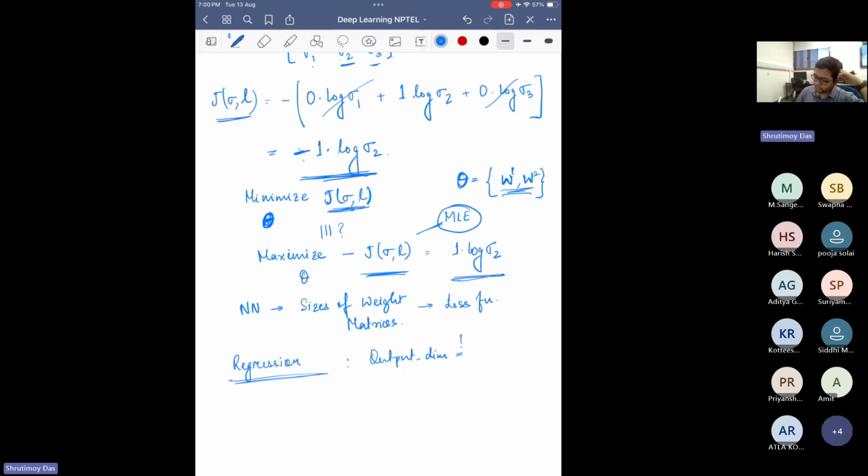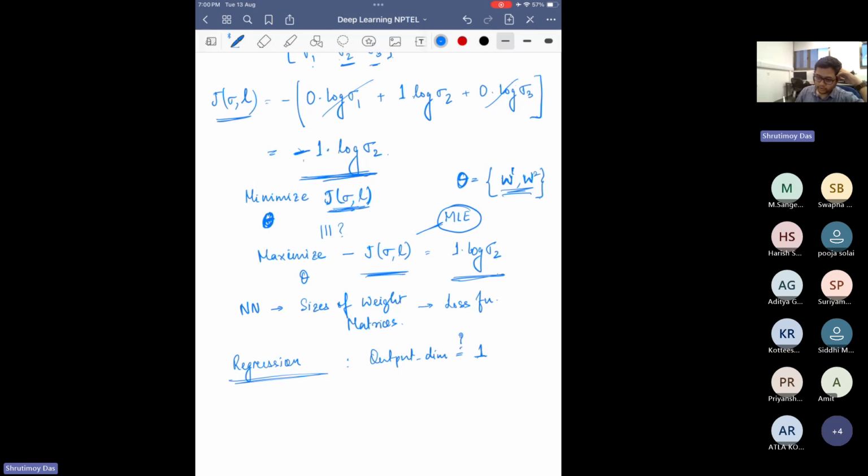Yes, in general it is one. So in general we will have one output neuron, but there are also regression problems where there can be more than one output value. But for simplicity, let's say we have one.